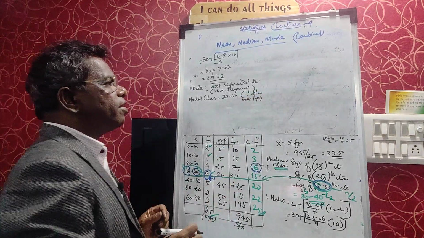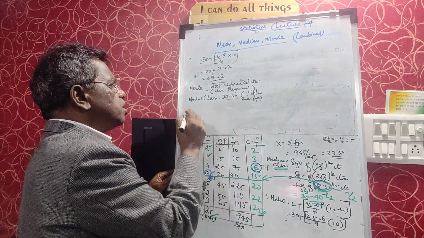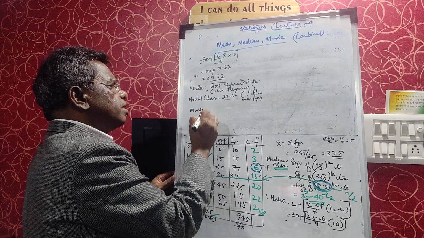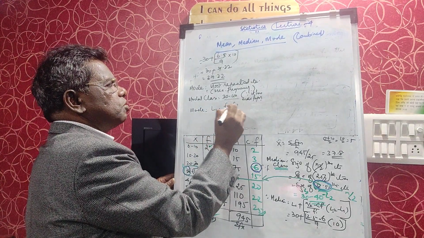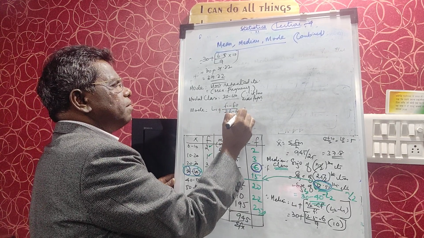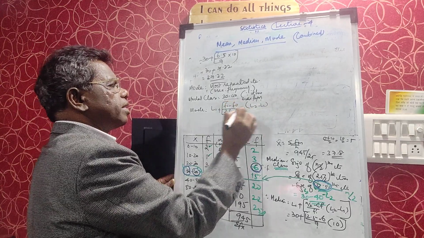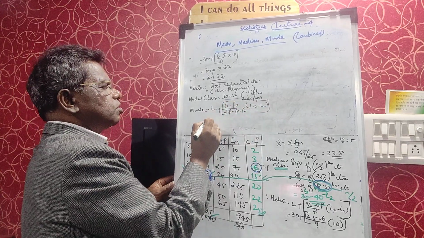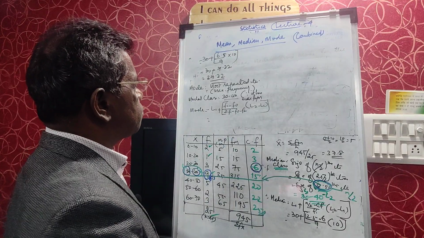So now we need to find out the mode. That means the mode is also lying between 30 and 40. The mode formula is L1 plus (F1 minus F0) divided by (2F1 minus F0 minus F2) into (L2 minus L1). Now you need to find F1, F2 and F0.